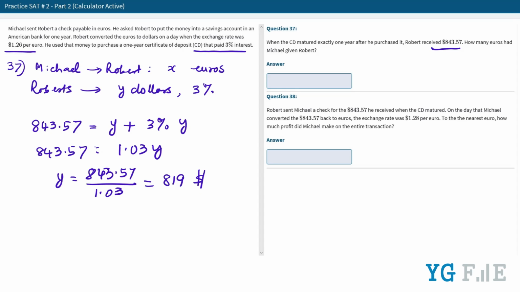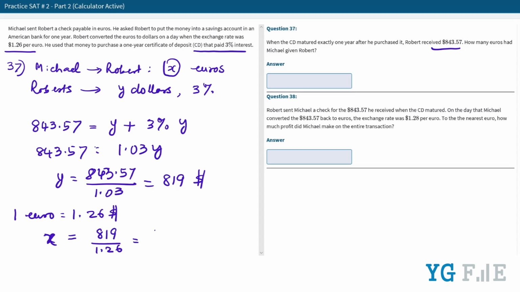So in order to find out how many euros, that means we're trying to find out this X, which is the euros. We will use that 1 euro is $1.26 because that is the conversion rate. So X euros is 819 divided by 1.26.